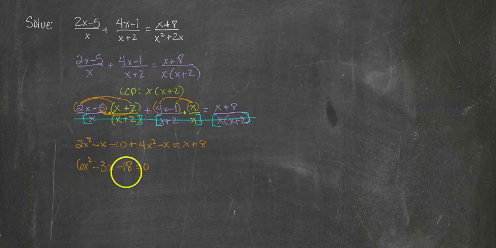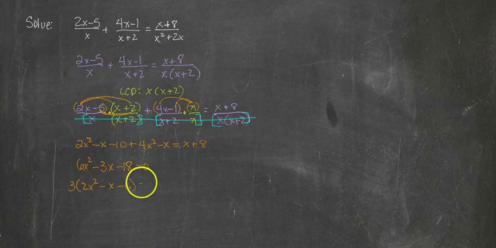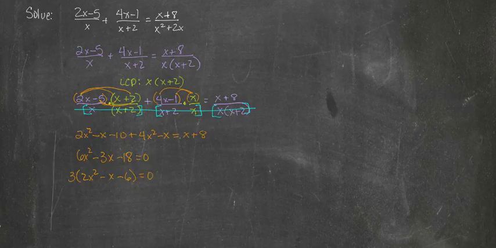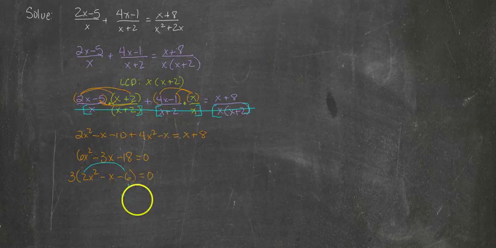Well, simple factoring here, I can divide everything by 3, and I'm left with 2x² - x - 6 = 0. And I can guess and check, but this is a great opportunity to reinforce the magic method, that is the easiest way to solve these. So I have negative 6 times 2 is negative 12.